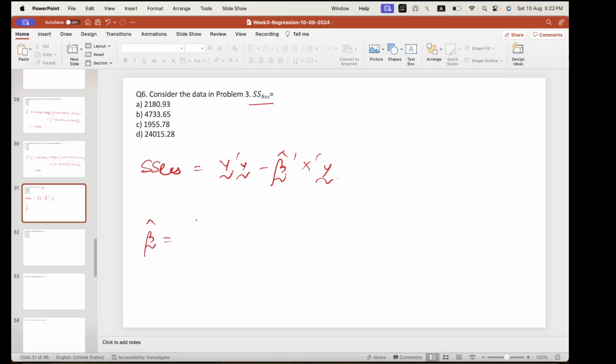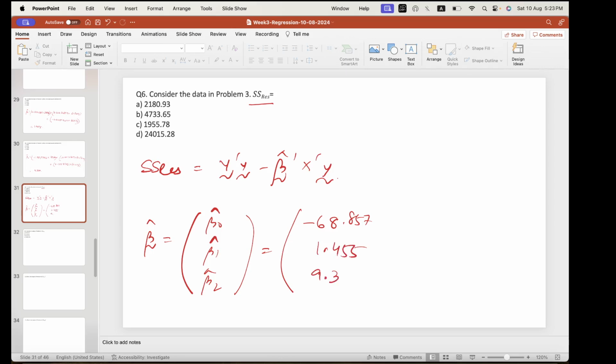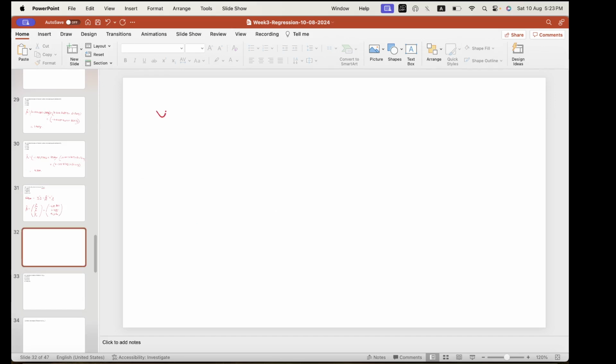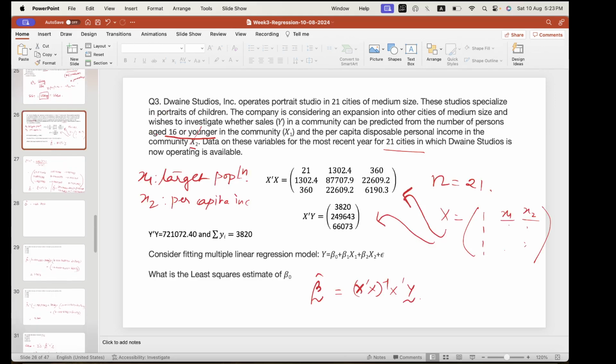Beta hat is beta naught hat, beta 1 hat, beta 2 hat. So this is actually minus 68.857, 1.455 and 9.366. Okay, so then y transpose y is how much? Y transpose y is given here.